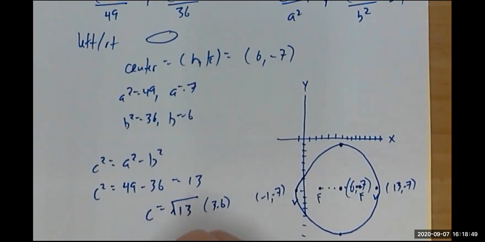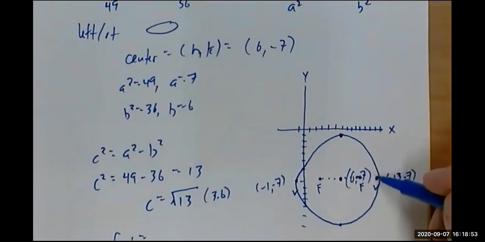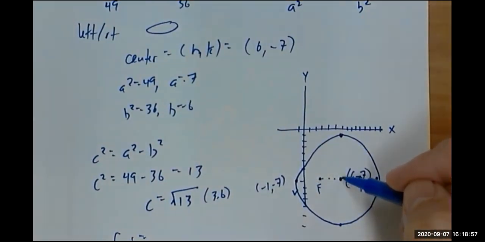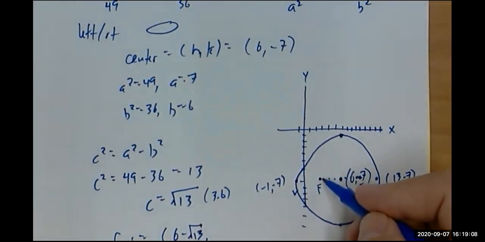But the actual foci, now this gets a little tricky because, of course, I know my value of y is just -7. The value of x, I'm sitting here at 6, and I have to subtract square root of 13 to get to this foci.